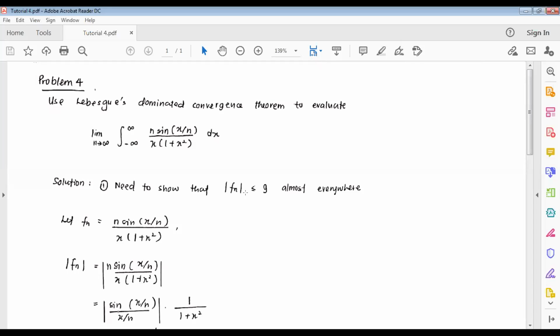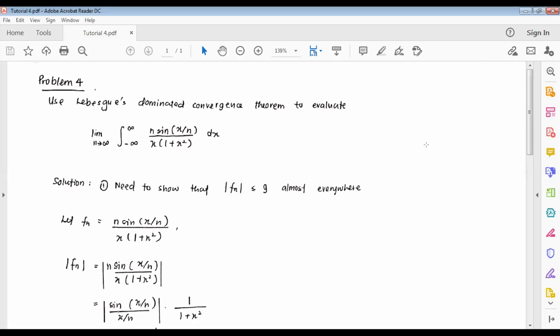So the first step is to show that the absolute value of f_n is bounded by a function g almost everywhere. We let f_n equal n sin(x/n) over x times (1 + x squared).